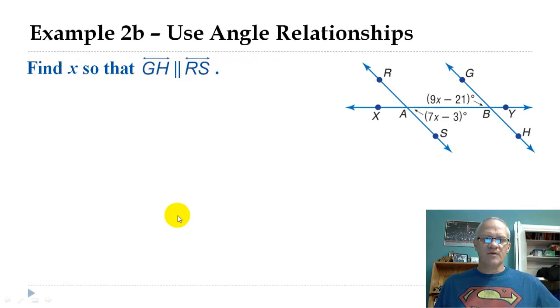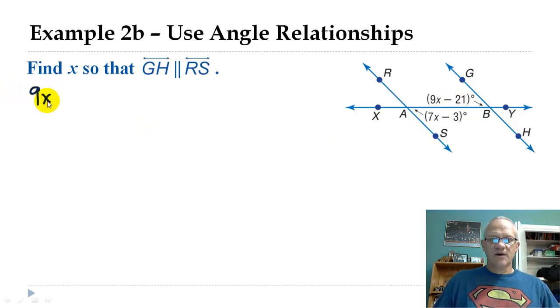And last one, find x. So this time all we have to do is find x so that these two lines are parallel. And so if you look here, look at the two angles that we have. What's their relationship? They're alternate interior angles. And so what do we know about alternate interior angles? They're congruent.